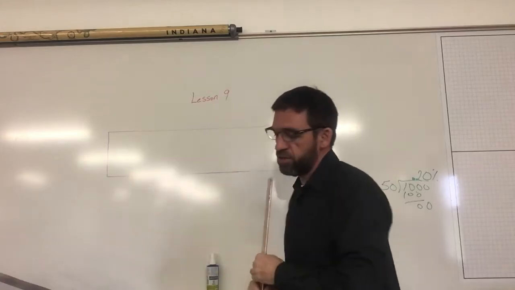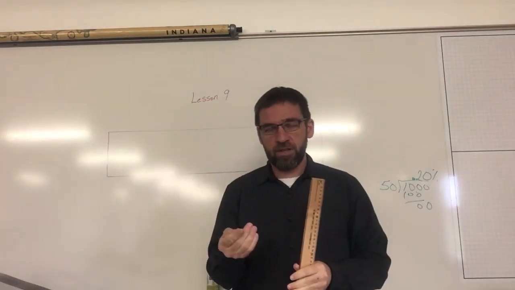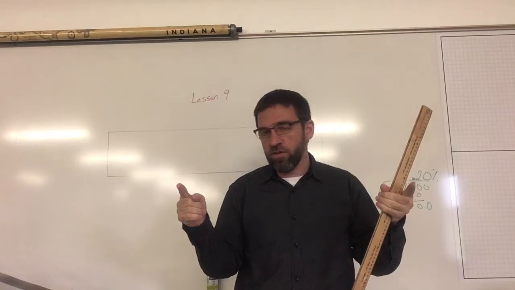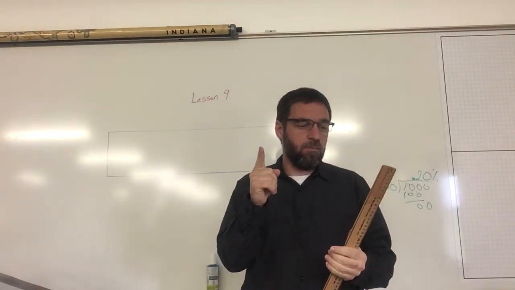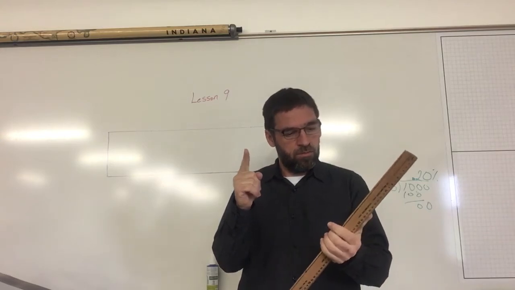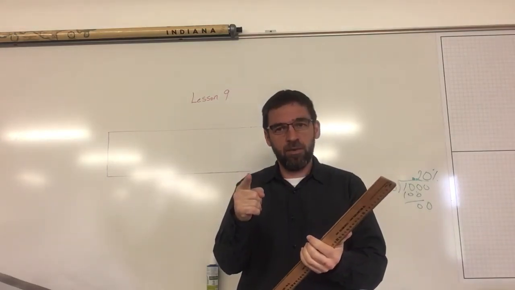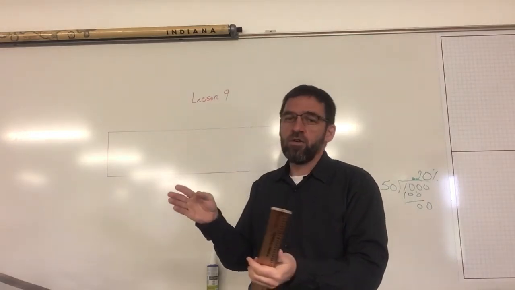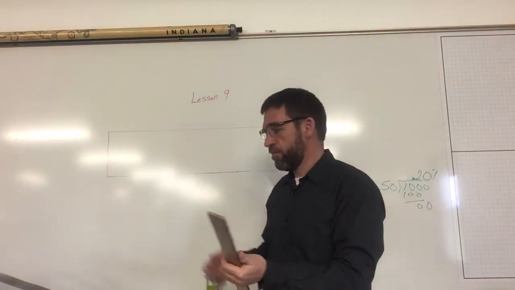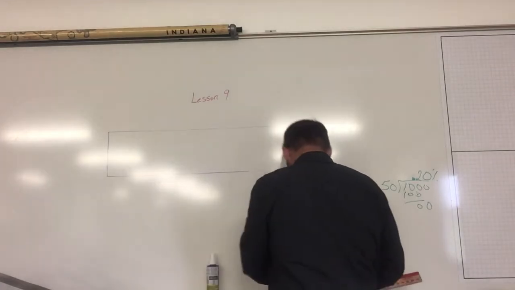And back up here, I should tell you that 20%, if you make it 10 centimeters long, that means every percent is one millimeter. So you have 20 millimeters, or you might have 2 centimeters.